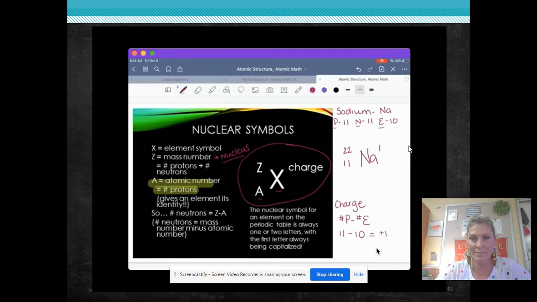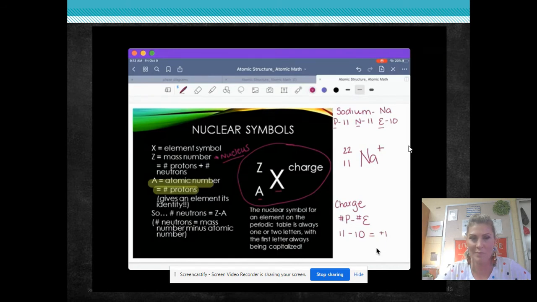So sometimes you're going to see it written just like that because that 1 is understood. All right, so that's how we calculate charge. We are going to look at the number of protons versus the number of electrons. And if there's different numbers with that, we have a charge. So that is how we write nuclear symbols for atoms.